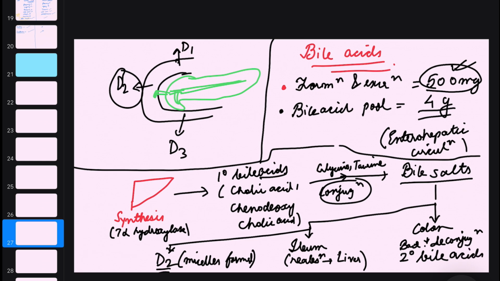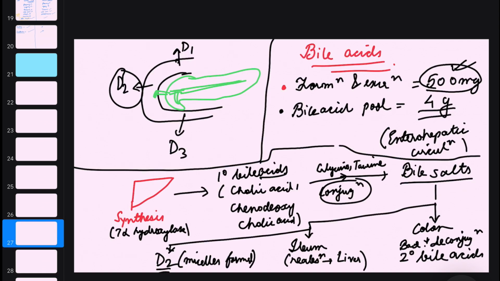And what are the secondary bile acids? We had cholic acid and chenodeoxycholic acid as primary. So the counterpart of cholic acid will be deoxycholic acid, and another will be lithocholic acid. These are the secondary. So this, in a nutshell, is the entire bile acid enterohepatic circulation.